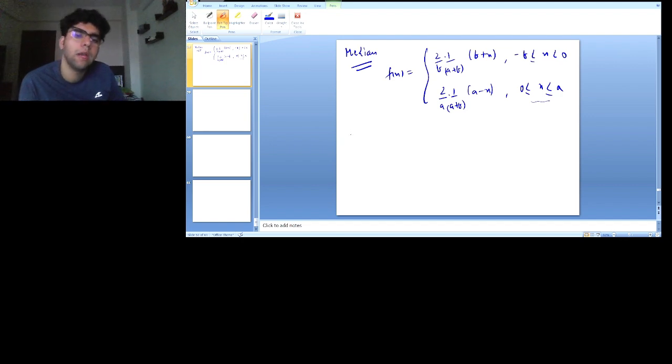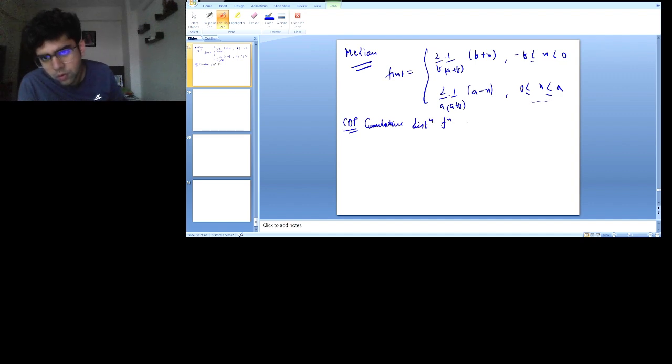So now let me compute the CDF. The cumulative distribution function F(x), for example, if x lies here and this is minus b and this is x, this CDF F(x) will give me this whole area from minus b to x. X is any number between minus b and a.